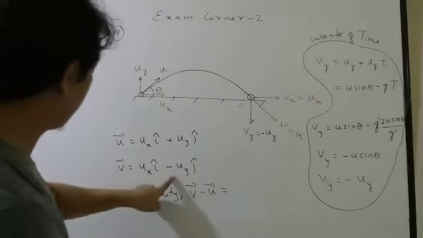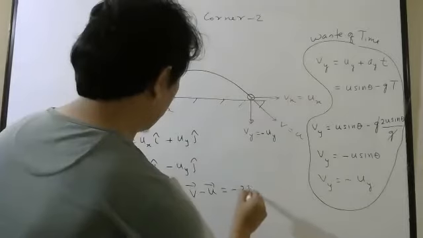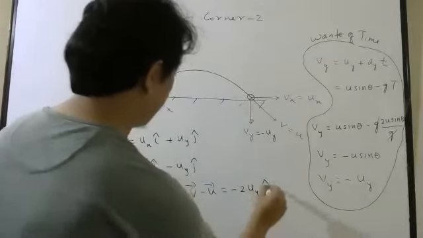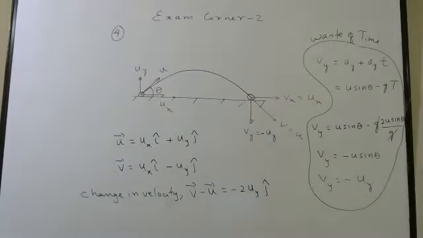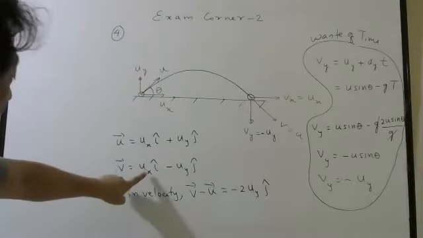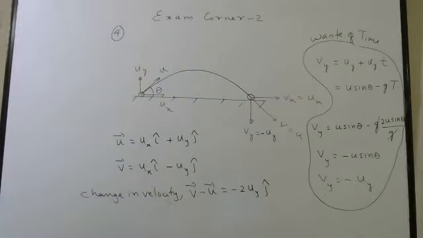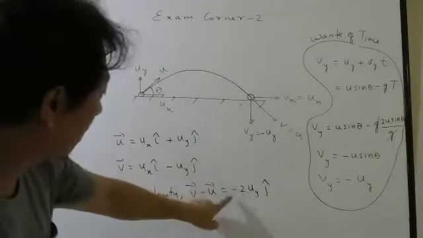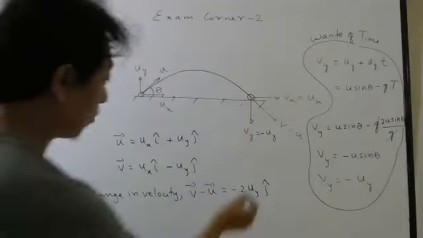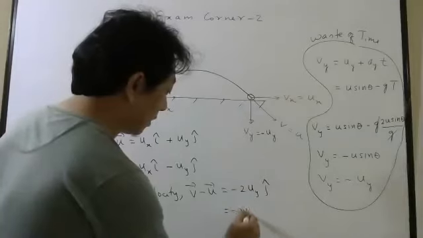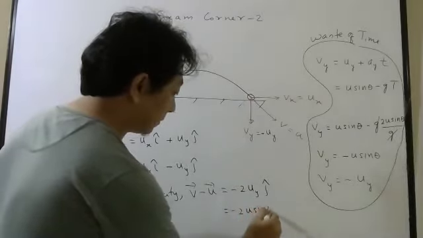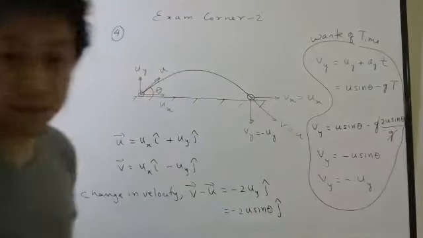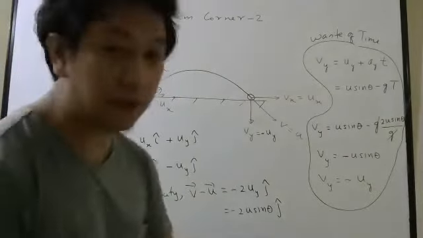So what will you get? Minus 2uy j cap. This and this will become minus uy minus uy, which is minus 2uy. And what was uy? U sin theta. Okay, so this is the change in velocity.